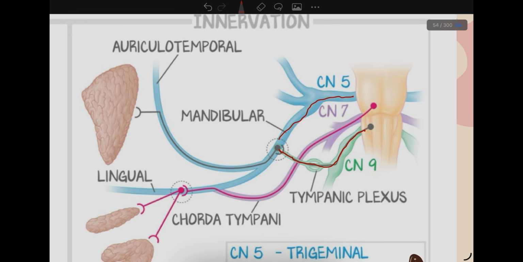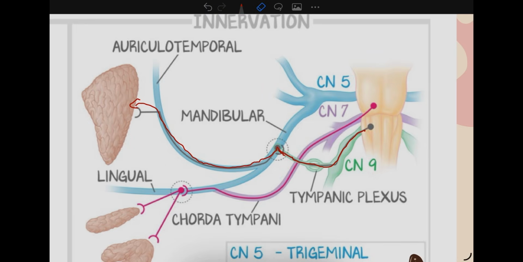It synapses onto a branch of the trigeminal nerve. Does that make sense? And once it synapses, it sends its fibers through the trigeminal nerve branch to the parotid gland. Wait, does that mean that the postganglionic parasympathetic here is the trigeminal nerve? No, it just works as a pathway.